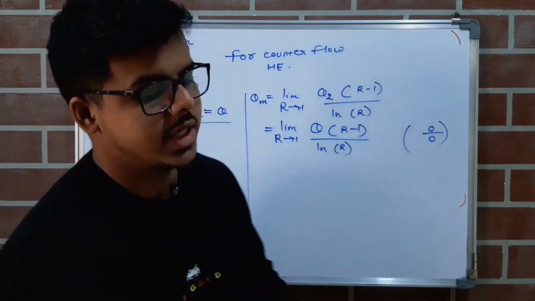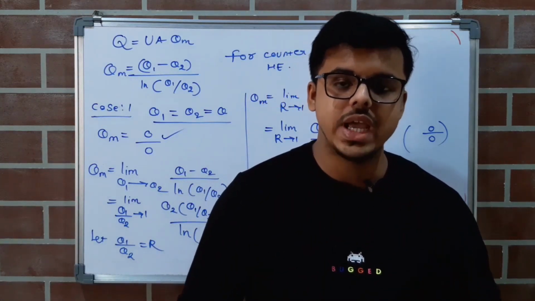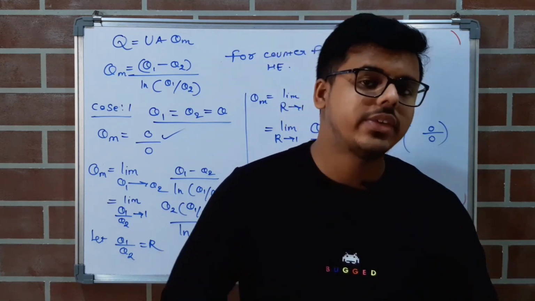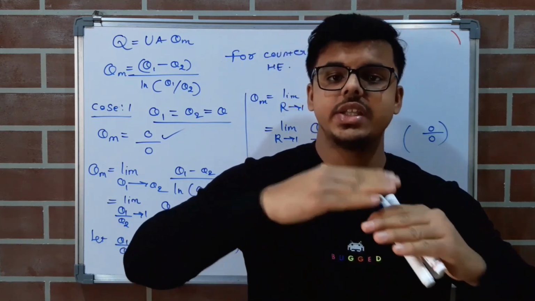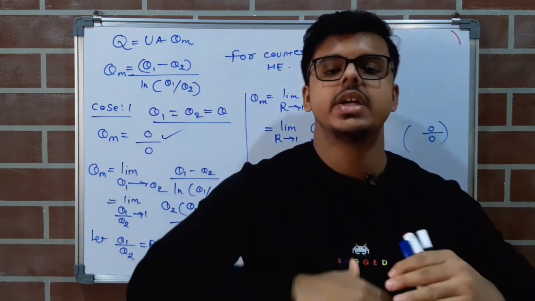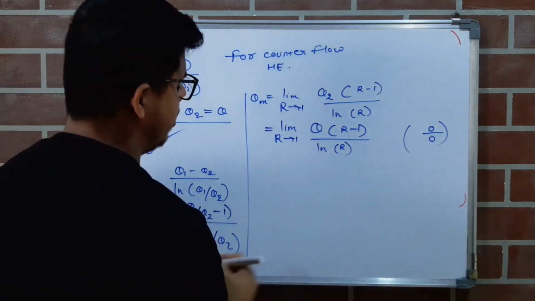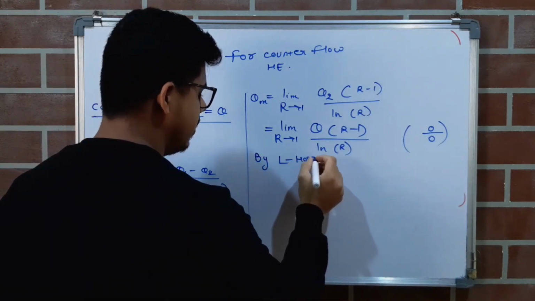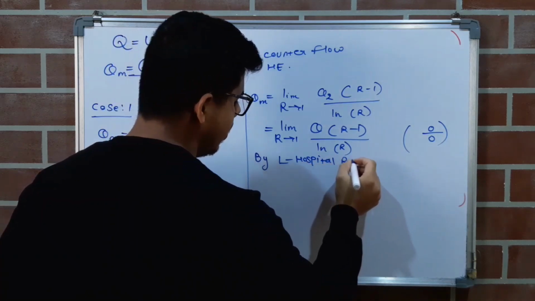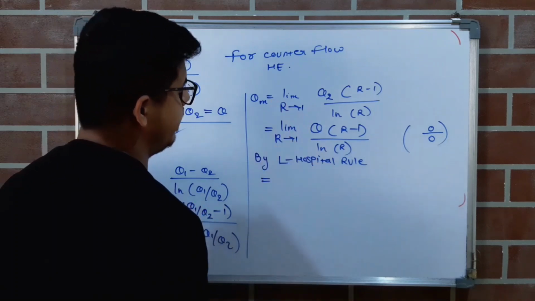So in limit concept, when we get 0 upon 0 form, it is preferred to use L'Hospital rule. Now what is L'Hospital rule? In L'Hospital rule, we differentiate the numerator and denominator separately. So by L'Hospital rule, we will differentiate the numerator and denominator separately.